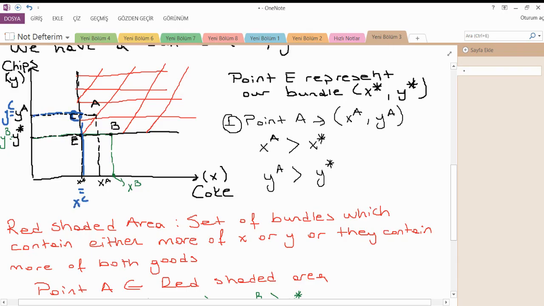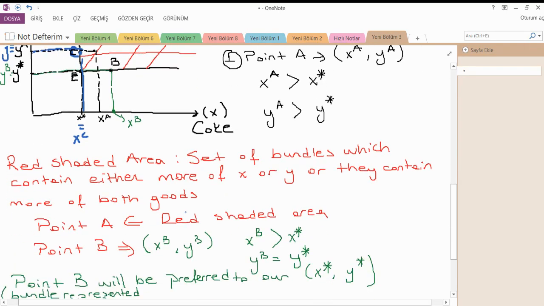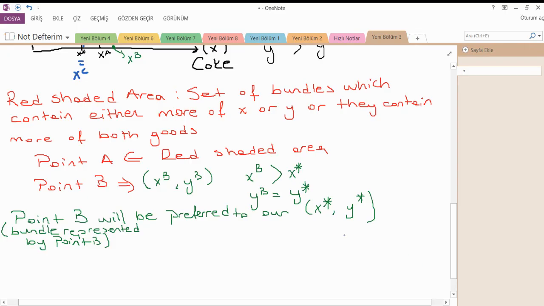It's also XC. As you see here again, we have more of one of the goods, good Y, more chips in this bundle, but it is equal to the quantity of Coke in our first bundle. So XC is equal to X star, but one of the goods is more than our first bundle, so point C is also going to be preferred to our bundle, to our point E.